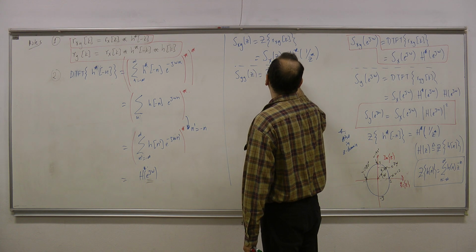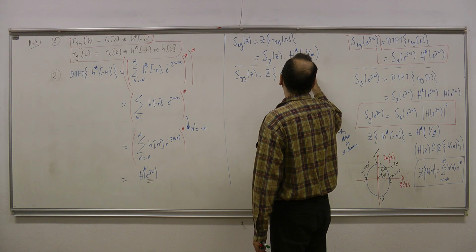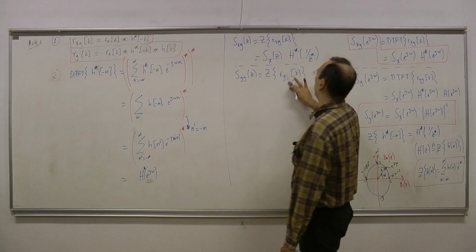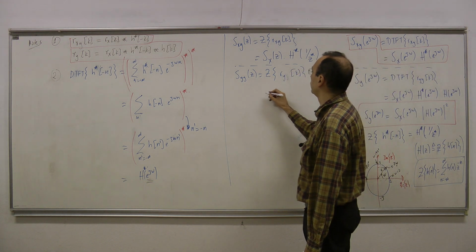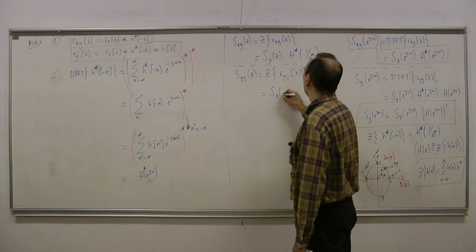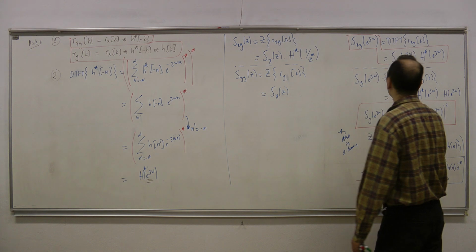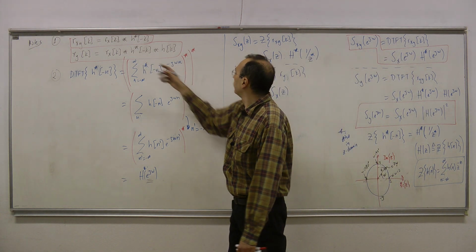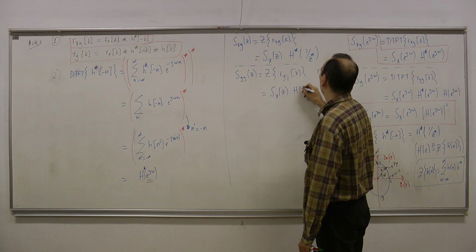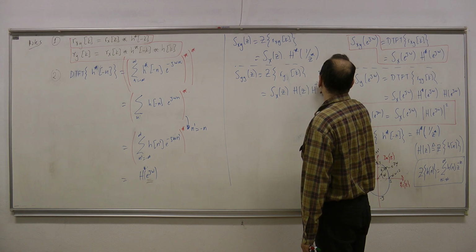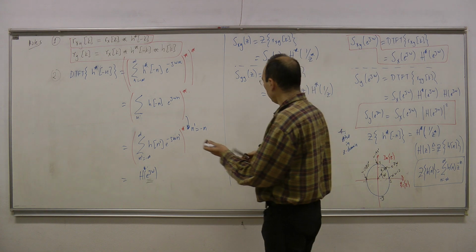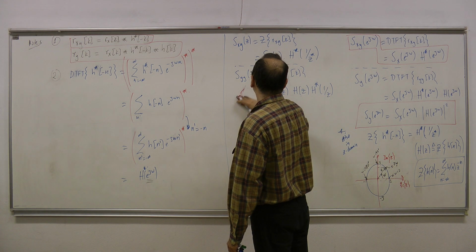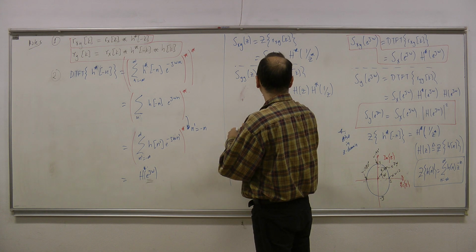This is the Z transform of R_YY of K, because they are the same. You should get used to such notations. So this is S_XX(Z) times this one, it is this. But let me write it like this. Okay. So this is equal to, let me use the same color.